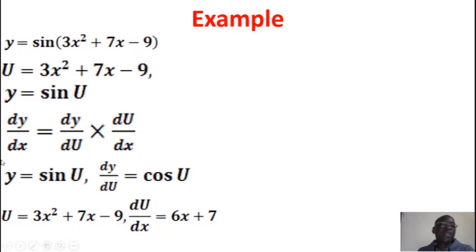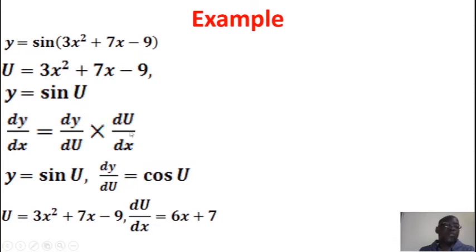Following the formula, which says that dy/dx is equal to dy/du multiplying du/dx, it means that we are going to find the derivative of y with respect to u first. So it means differentiate this. We then find the derivative of u with respect to x. It means differentiate this. We multiply the results to get what we are looking for.